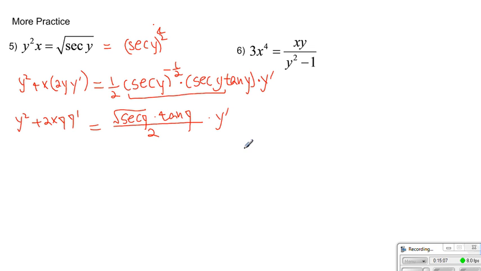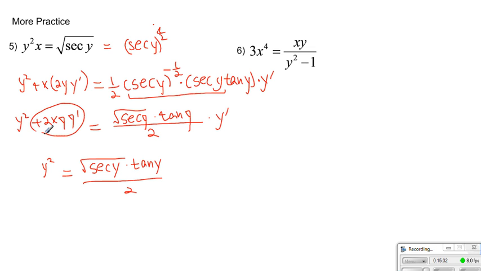Now, since we see y prime in two locations, y squared will be equal to the square root of secant y times tangent y over 2. And then as we bring this term over to the other side through subtraction of 2xy y prime, and factorize y prime, we will have minus 2xy, the entire thing, times y prime.